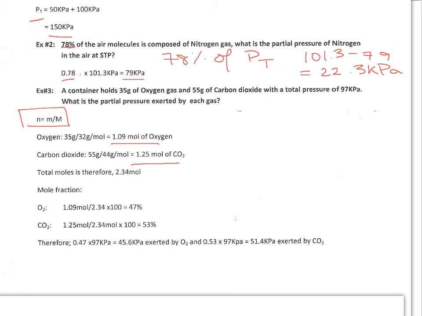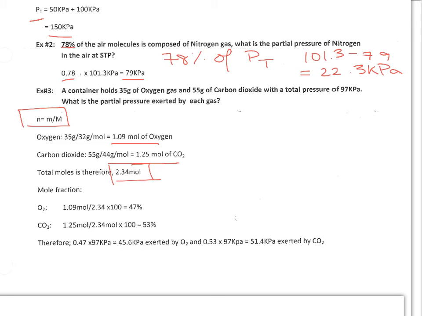Once I have both of these in terms of their mole values, then I can actually compare them. So total, I'm looking at 2.34 moles of gas within this container. 1.09 moles is from oxygen, 1.25 moles is from that carbon dioxide.